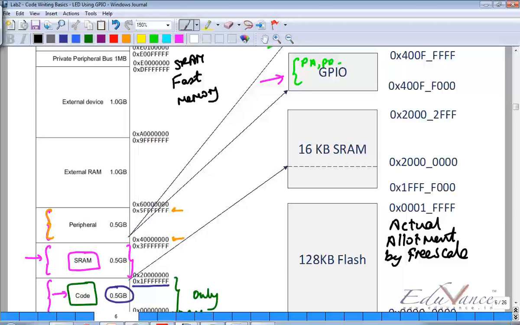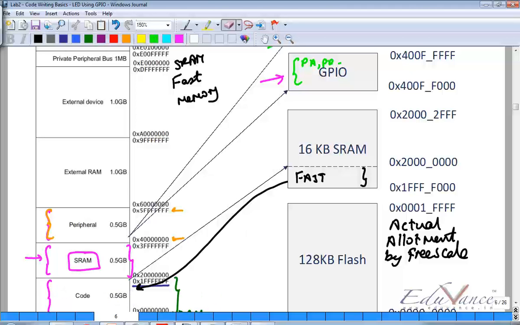Freescale has given a certain section of fast SRAM memory to be part of your code memory, and the other part, starting from 0x2000 0000 to 0x200 0FFF, is for regular SRAM, which is not for code.